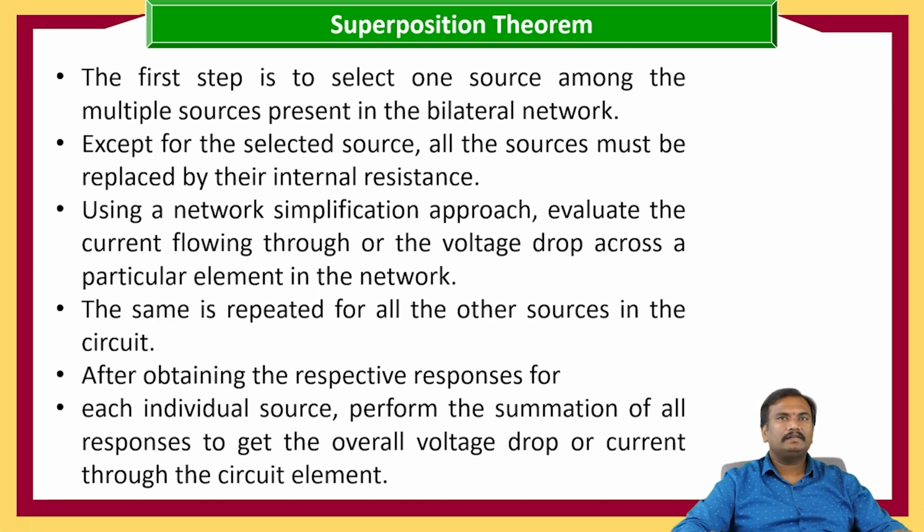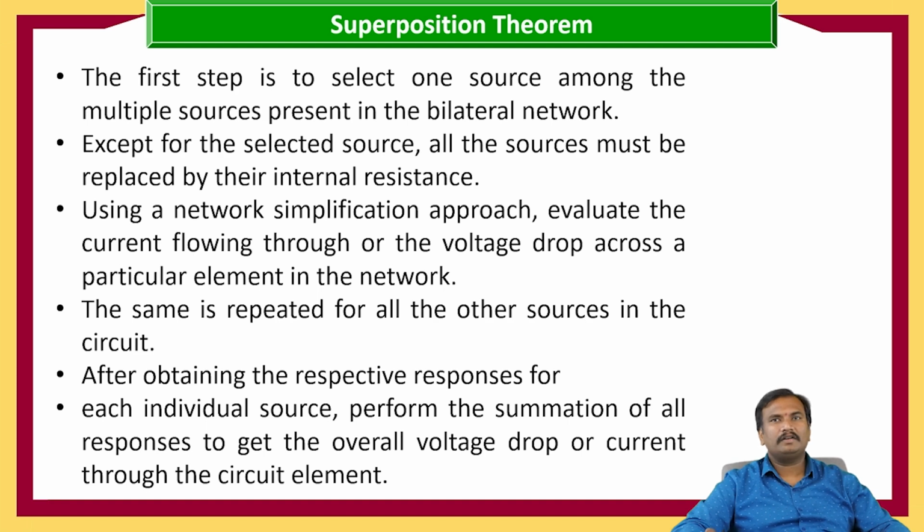After this, by using a network simplification method, we need to calculate the current flowing through the particular element or the voltage drop across the particular element in the given network.